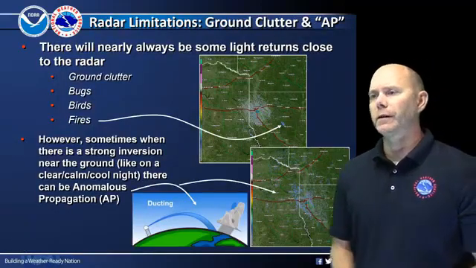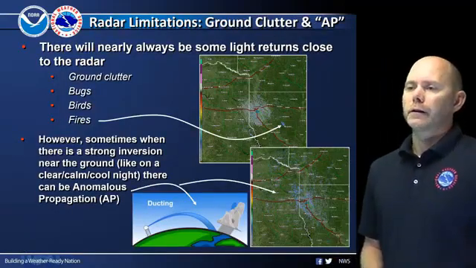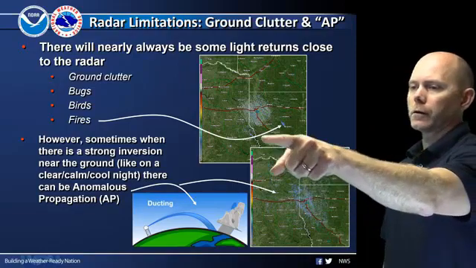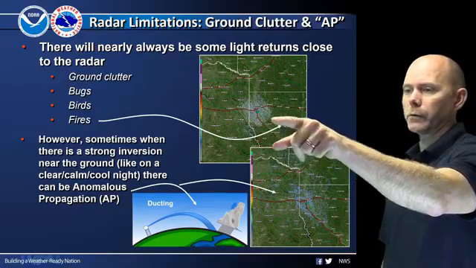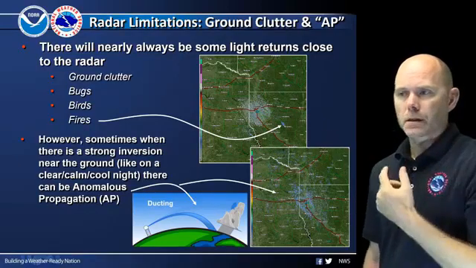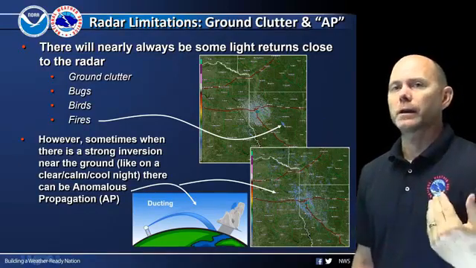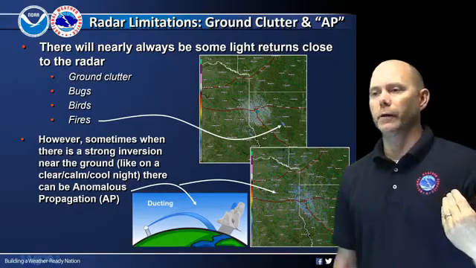All right, another limitation of radar is, like in Shreveport, our radar is in Shreveport, right here at the office, and right around where that weather radar is, the weather radar tends to pick up a lot of things that aren't necessarily weather.